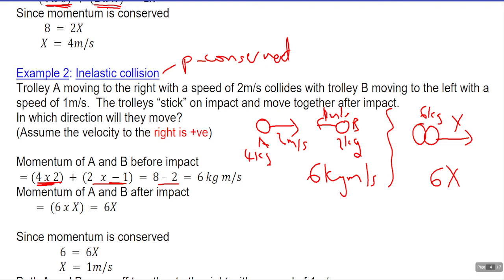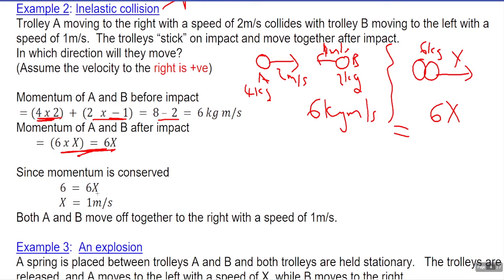Now to get this common velocity, we equate the two momenta. So 6 kg meters per second is equal to 6x. Finding x, you divide by 6 both sides, and you get 1 meter per second. So both A and B would move off together to the right with a speed of 1 meter per second.